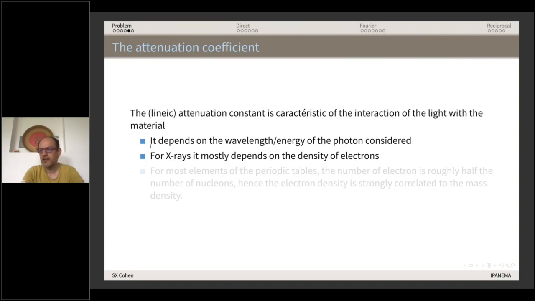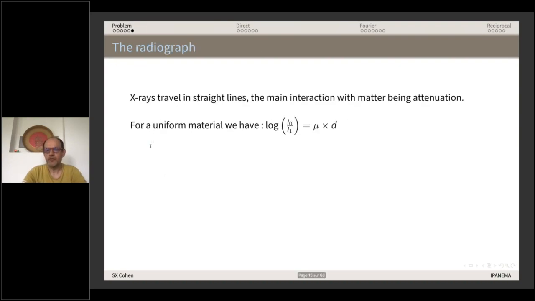So what the X-ray sees is a cloud of electrons. It doesn't see the nucleus or the nucleons of the atoms. It sees a gas of electrons somehow, and we are going to be sensitive to the density of electrons.